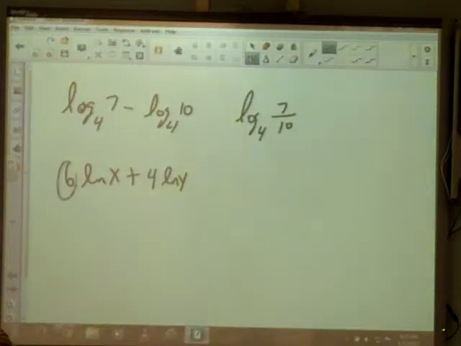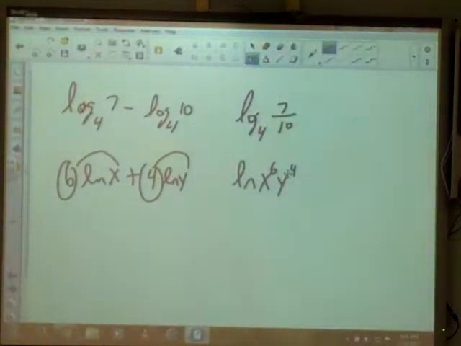So this 6 is going to be a power on that x, and this 4 is going to be a power on that y. So I know how to tackle that. What about an addition sign? Product. So I'm going to have the natural log of x to the 6th times y to the 4th.